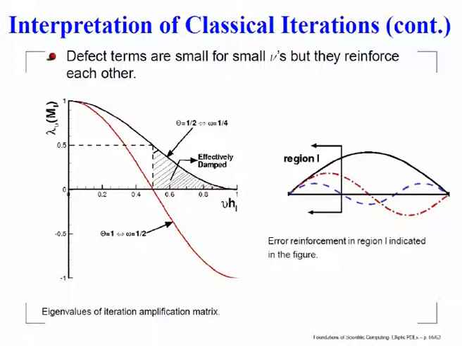However, if you look at the case where you actually did not do any under relaxation, that corresponding lambda would be given by this red line. Why? It is 1 minus 2 sine square pi nu HL by 2, right? So what will be the range? It will go from +1 to -1, and that's what you are seeing.